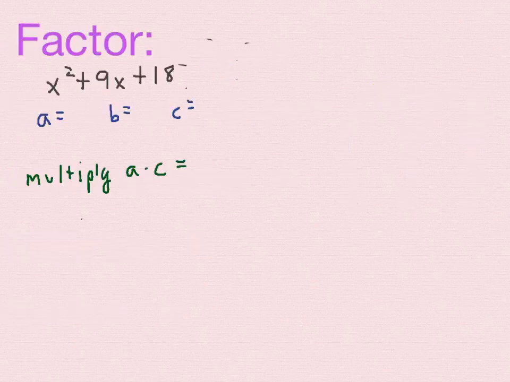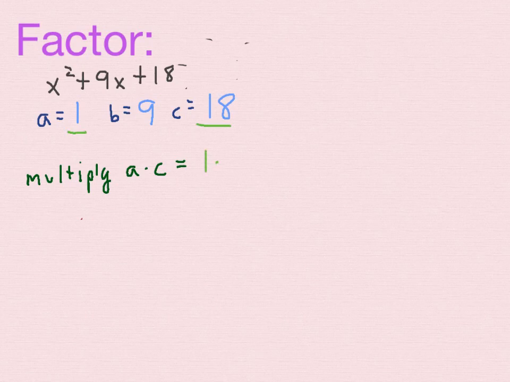Let's jump in. We need to factor x to the second power plus 9x plus 18. First, we want to identify a, b, and c. A here is 1, b is 9, and c is 18. Our first step after that is to multiply the a value times the c value.